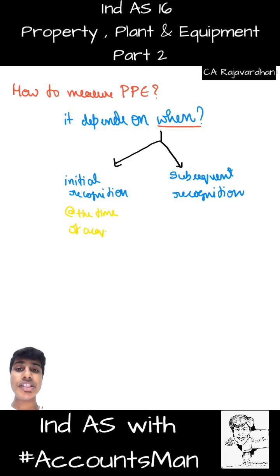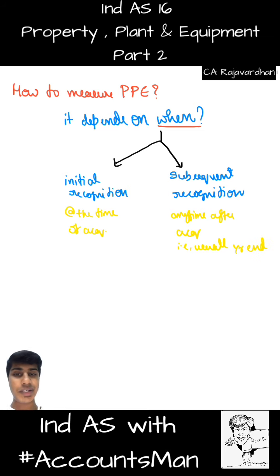So at the time of acquisition, how am I going to measure this PPE? Subsequent recognition means after I acquire that specific asset, at the end of each financial year, how do I measure it? Do you get that? So this is anytime after acquisition, that is, usually at year end.